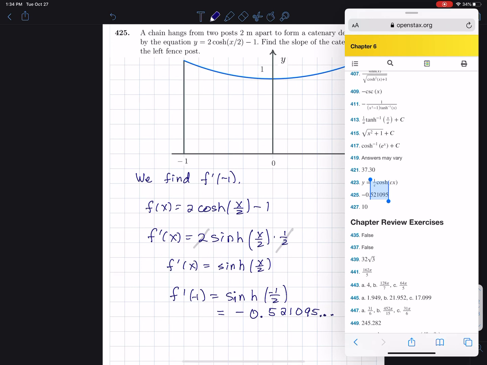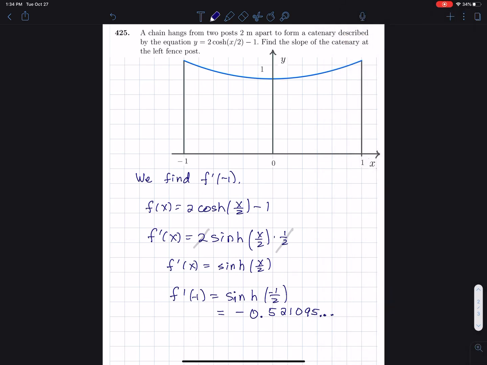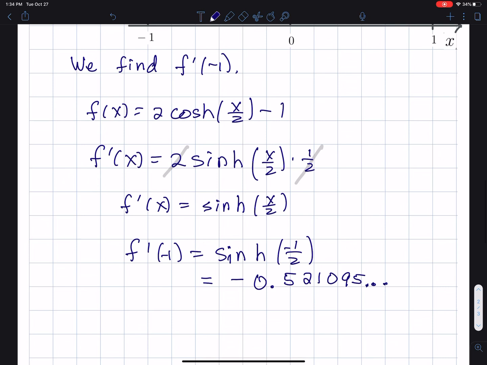That's certainly an irrational number. These are taken from Openstax Calculus, which you find at openstax.org. You go to openstax.org and look at Calculus Volume 1, and you get the problem.